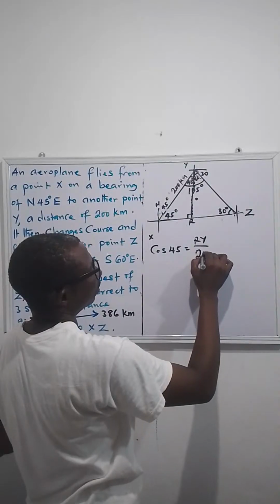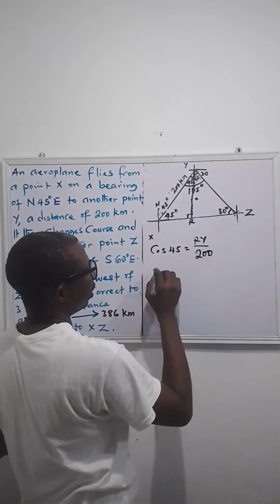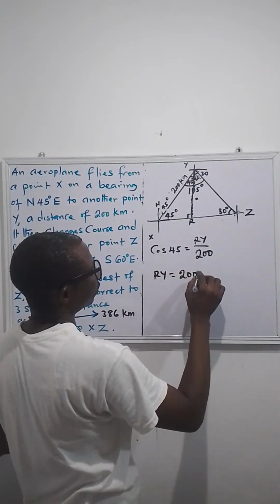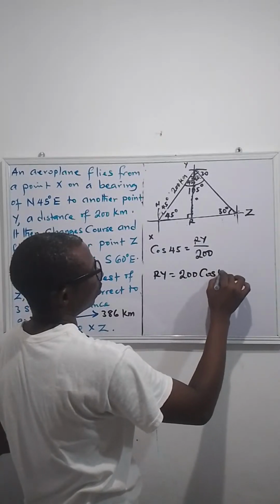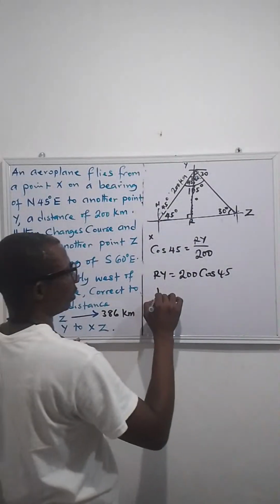You can cross multiply here: Ry equals 200 cos 45.